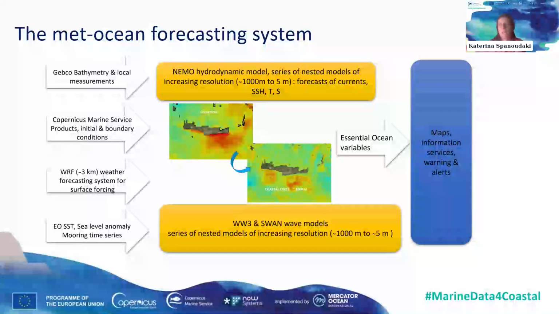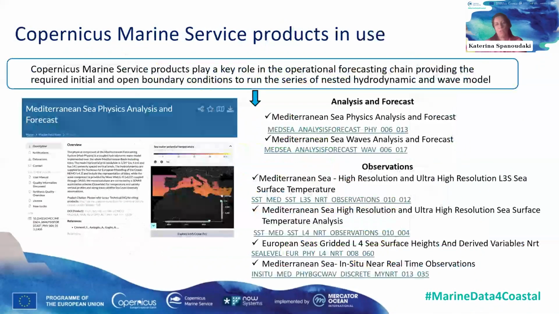We deploy a series of nested models in order to continuously reach a higher resolution, which are then verified by in situ data to be able to resolve the coastal hydrodynamics and answer several questions that I will talk about later.